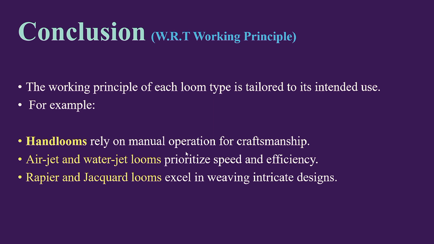They are based on speed and efficiency or high production. The third mechanism is for complex designs. Rapier and jacquard looms fall in this category. They excel in weaving intricate or complex designs.